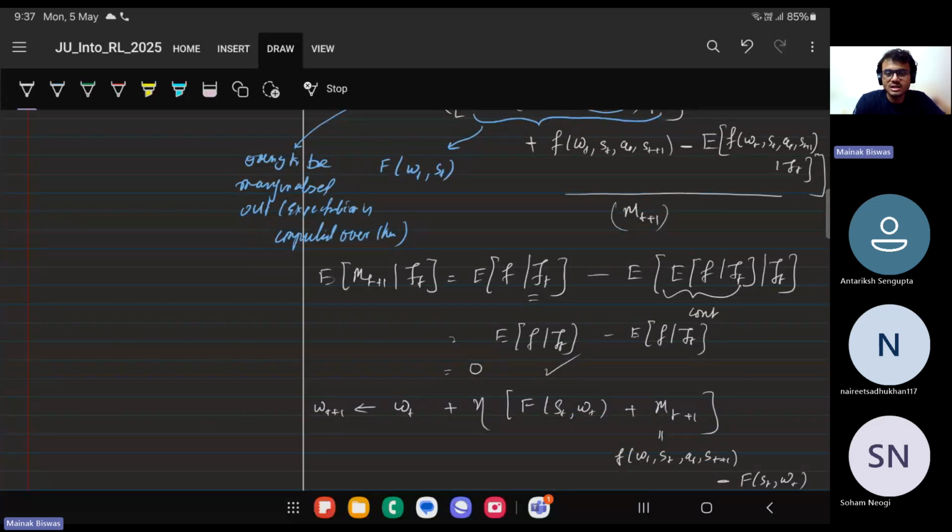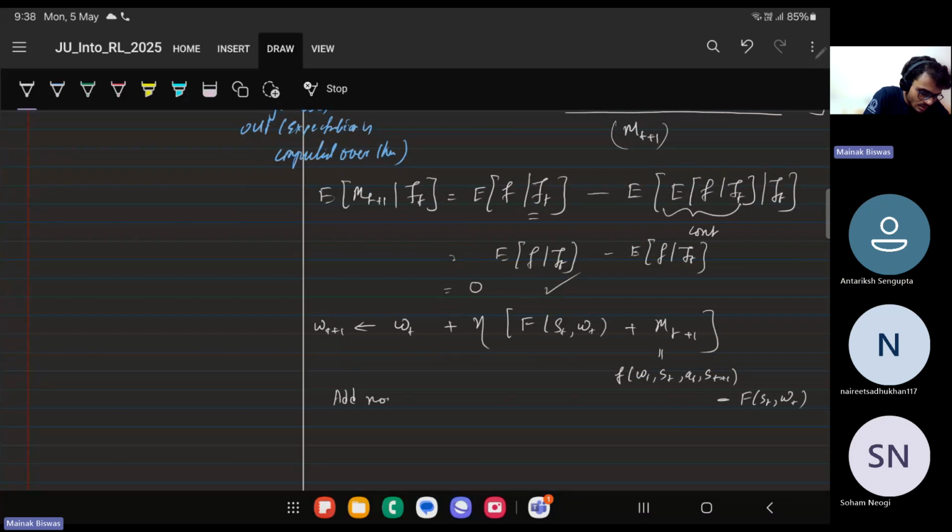That is, this martingale sequence, whatever we have over here, will not contribute. Basically, if it is a zero-mean error and you add it an infinite number of times, by the law of large numbers the expectation goes to zero, right? Because you're going to add these noises at every step.